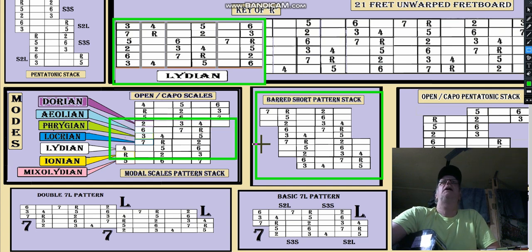On this one, the Lydian, starting on the 4, we have a 4 to start on here. We do, because we're not going to use the 3. Like I said, remember I said Lydian is kind of part of the Phrygian, kind of part of. So it's 1, 2, 3, 4, 5, 6. There's our fretboard there. They're both unwarped.